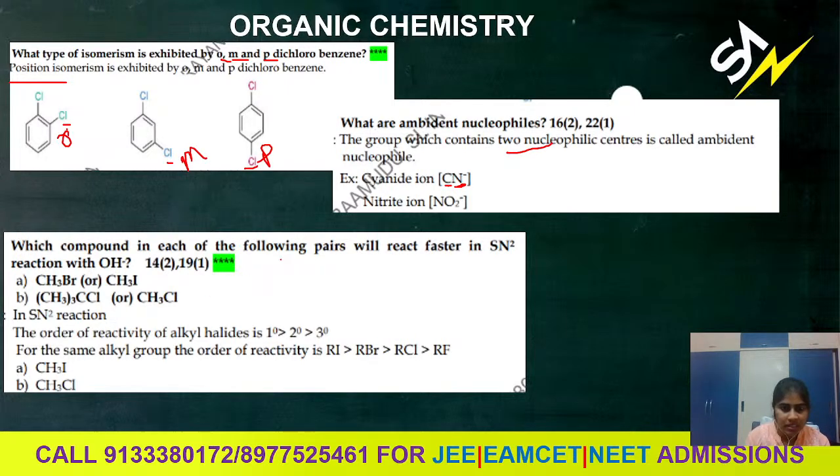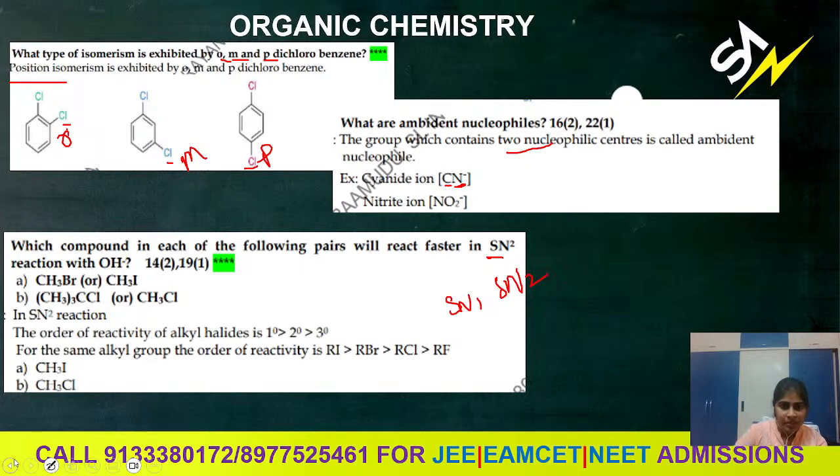You can see questions on SN1 and SN2 reactions also. Suppose a question is like this: which compound in each of the following pairs will react faster in SN2 reactions with OH minus? For this you need to remember the reactivity order of SN1 and SN2 reactions.